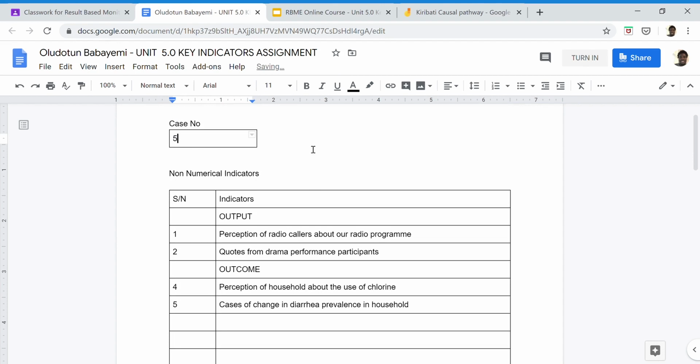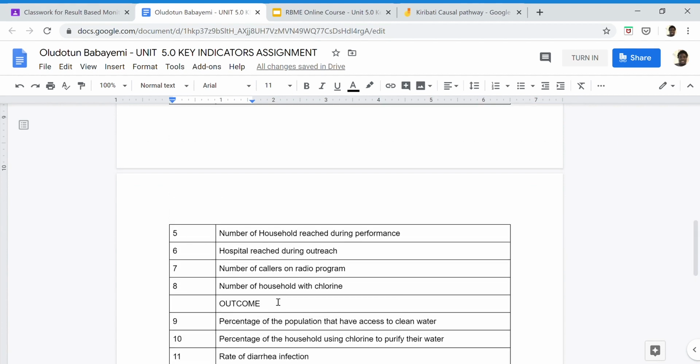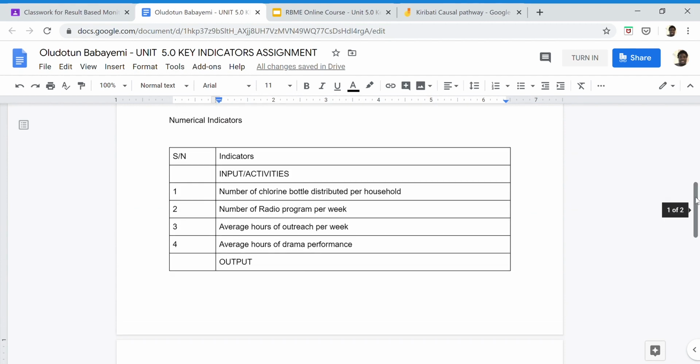You can enter it in, and that's it. It's also important to put in the result chain so that you'll be able to know when you're supposed to collect and at which result level that indicator means.